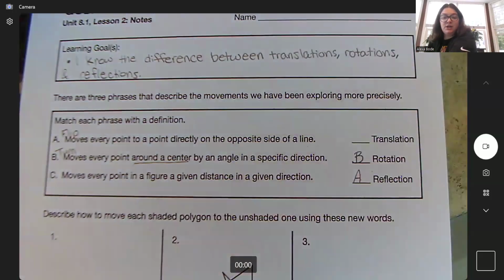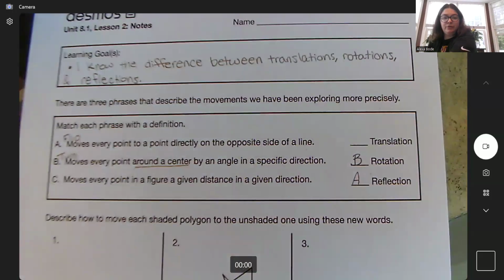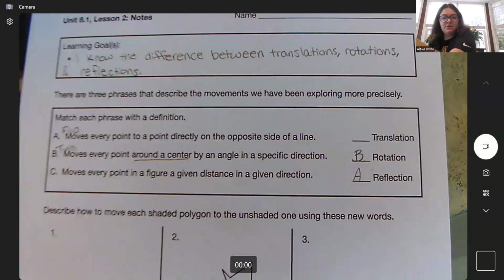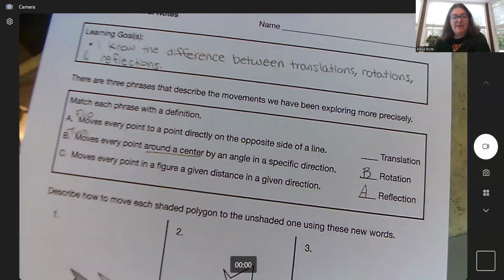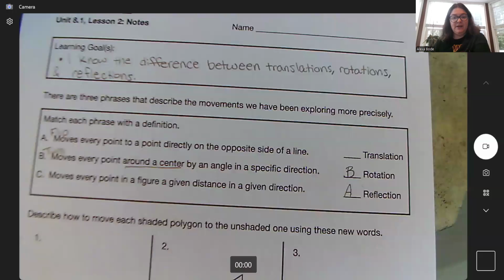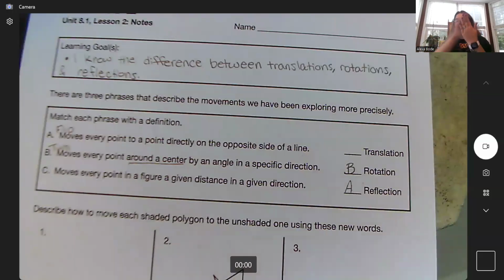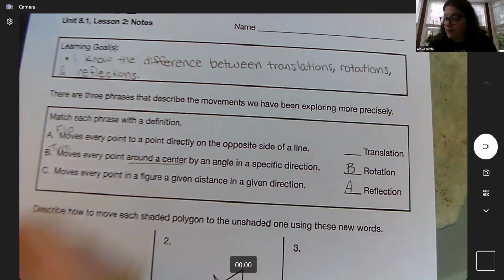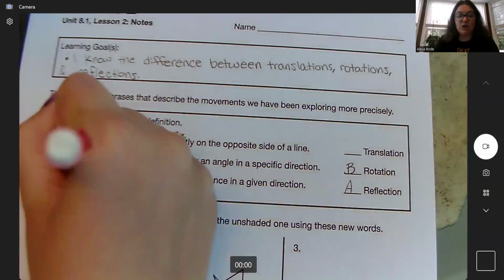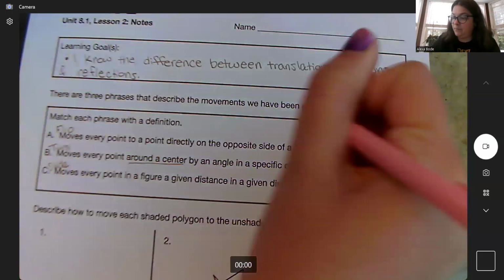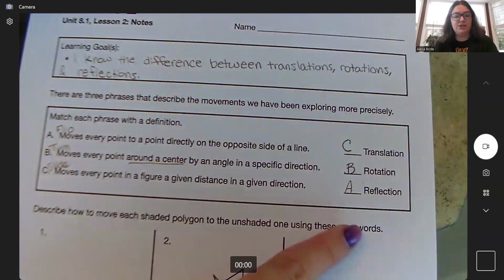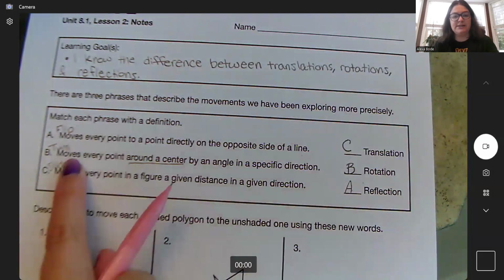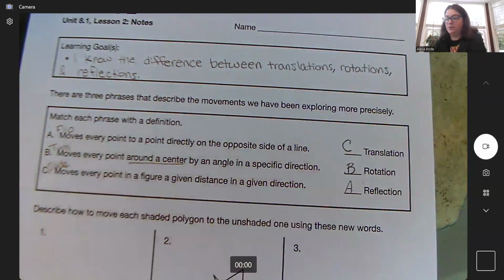So a rotation is the proper mathematical word for turning a shape. And then moves every point in a figure a given distance and direction. That is just a slide, and that is our translation. So what I want you to keep in mind is a flip is a reflection, a turn is a rotation, and a slide is a translation.